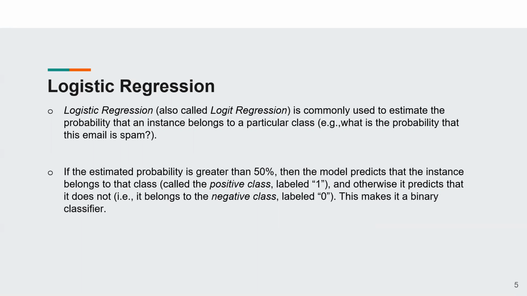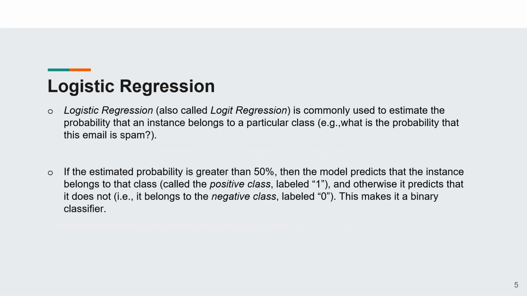So essentially, if a dependent variable is not a continuous variable but a probability, then you want to leverage logistic regression. If the estimated probability is greater than 50%, then you could label the class to be 1, positive class.